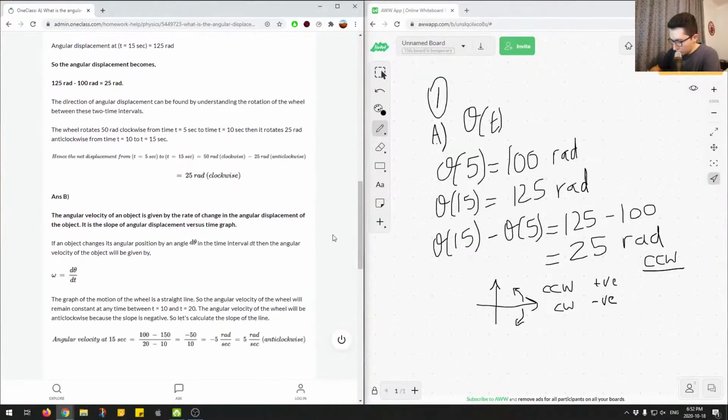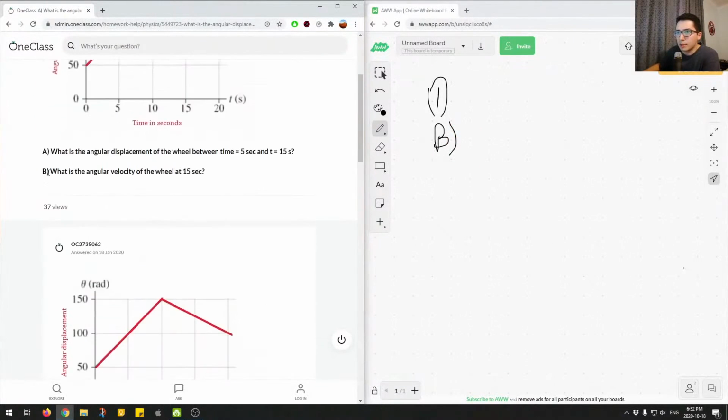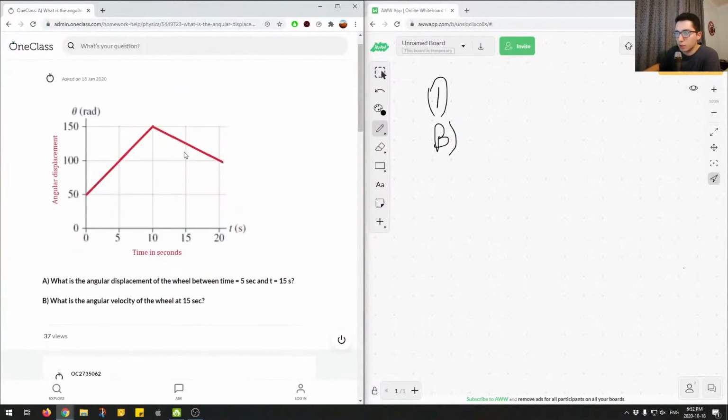All right, let's go to part B. Here we're looking at what is the angular velocity at time equals 15. We're given an angular displacement versus time graph, so angular velocity would be just the rate of change, the slope right here.